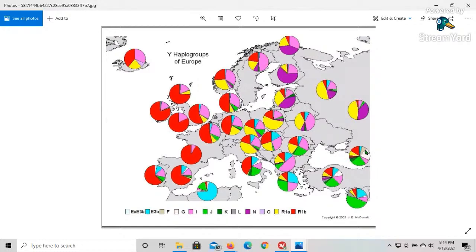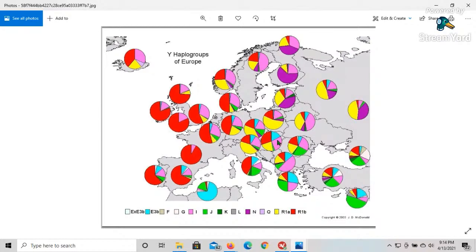And this would be the Q probably. Q is the same family as the R Y chromosome. So over half the population here is either Jewish or Israelite in many cases.